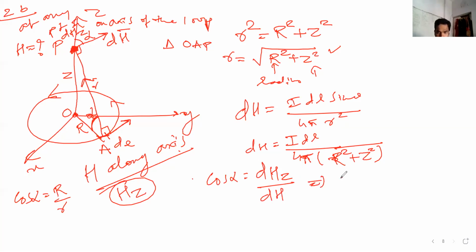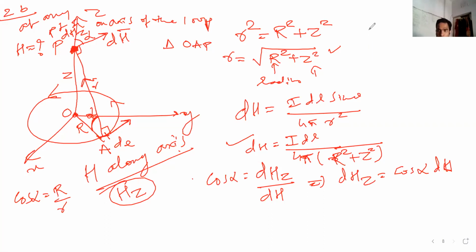That implies dHz is equal to cos alpha into dH. I have got dH, so what I need is to simply multiply it with cos alpha to get dHz, the z component.